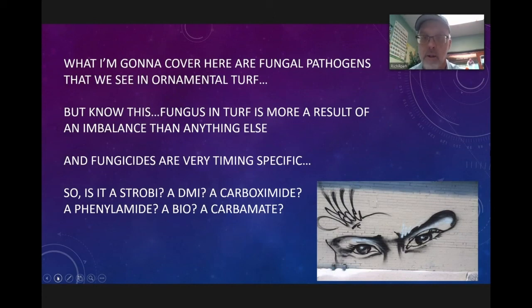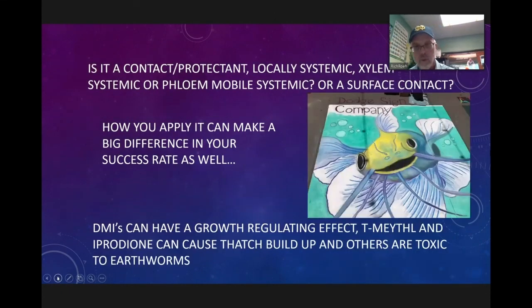piece of grass? Fungus in turf is also an imbalance, more so in terms of irrigation and fertility than anything else. But the fungicides can be divided in a lot of different ways, and this is what I mean when I talk about their site of action. Are they locally systemic?